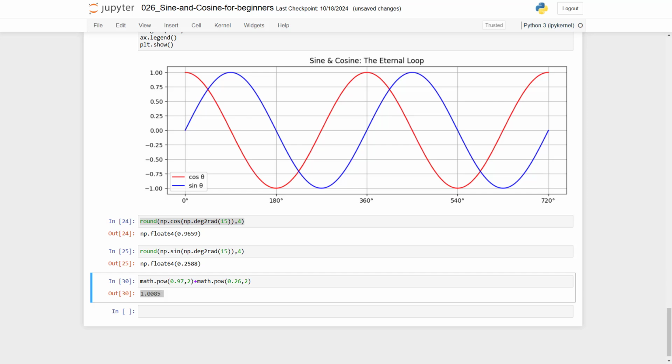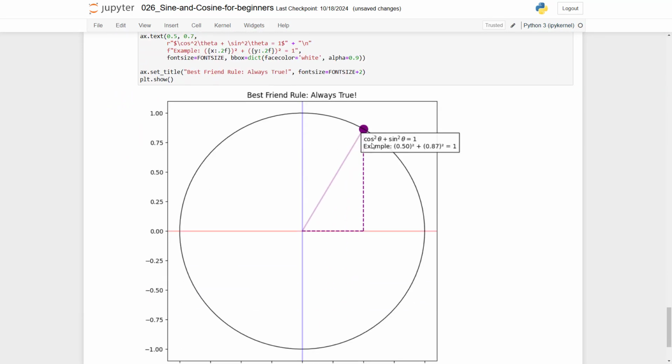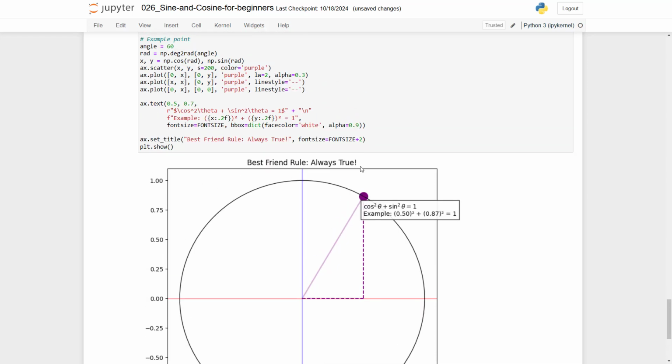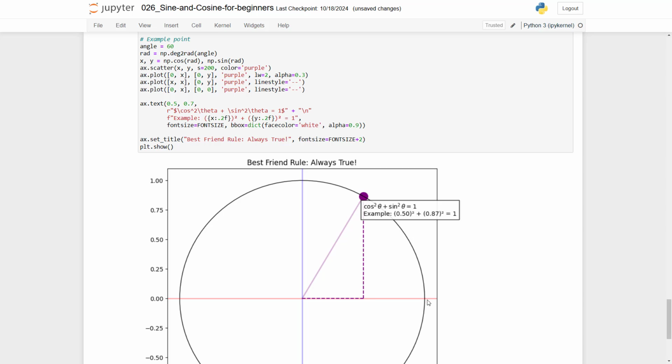So this is the Pythagorean identity, and I even have prepared it in nice code. So let's say here, saying that cosine squared of this theta here plus sine squared of the theta is equal to 1. In our case, it is 0.5 squared. So this angle here should be how much? Which one has a cosine of half?